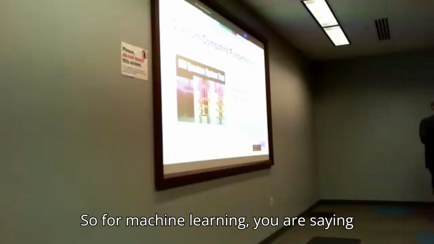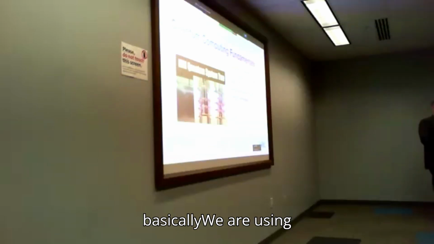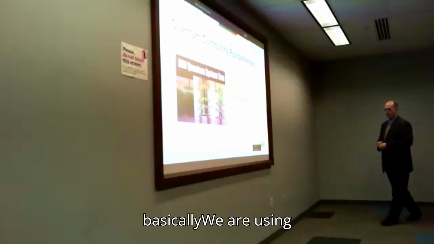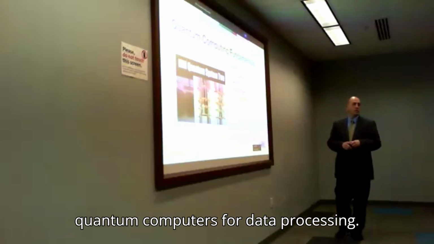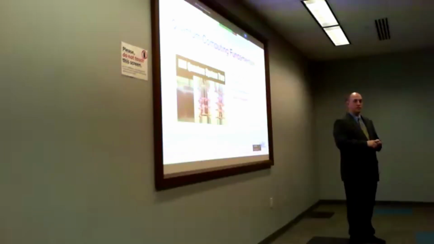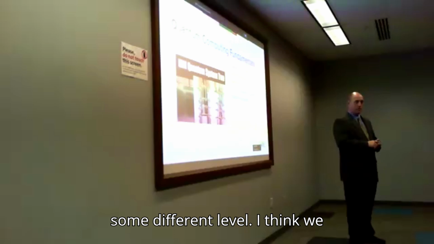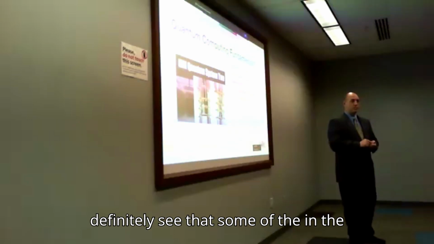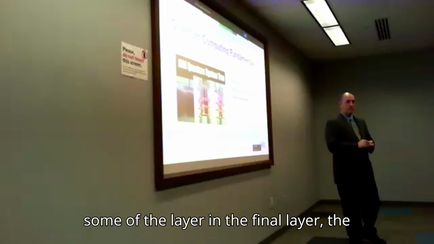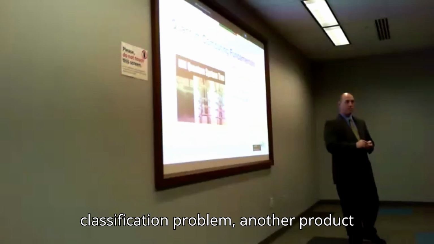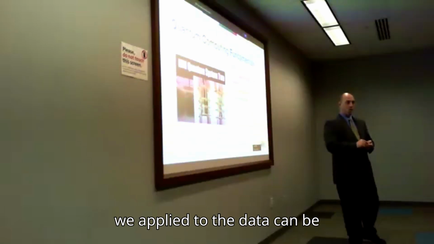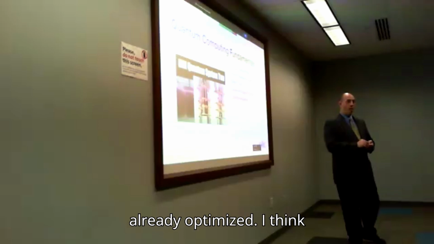So for machine learning, you are saying basically we are using quantum computers for data processing, right? So you can apply it at different levels. I think we definitely see some improvement in some of the layers, in the final layer near the classification problem. In another project we applied it to the lower layer, since the data can already be optimized and the learning can become more effective.